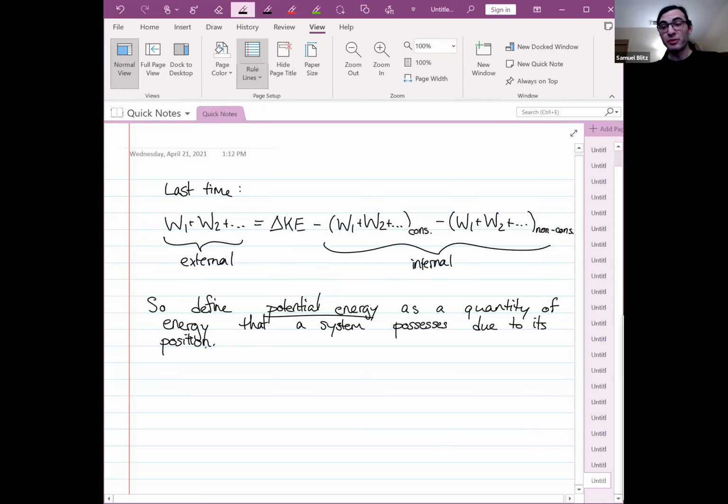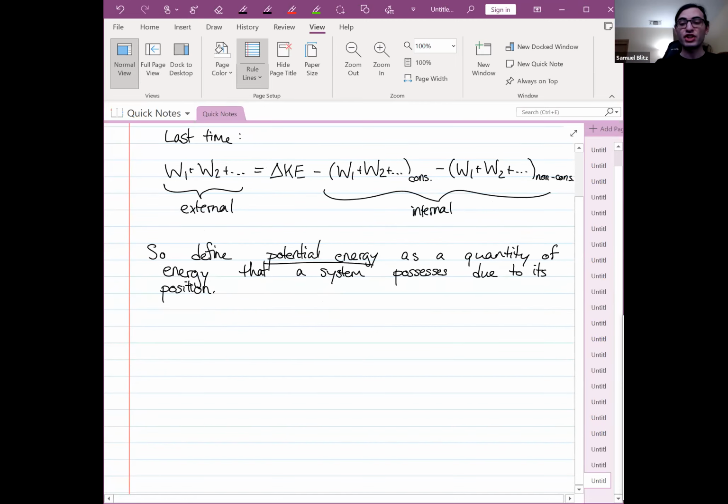For example, the potential energy for a spring is totally well defined because the work done by a spring internal to the system only depends on how stretched the spring is, i.e., where the object attached to the spring is. So the change of that quantity, that potential energy, is the negative of the work done by the conservative force.